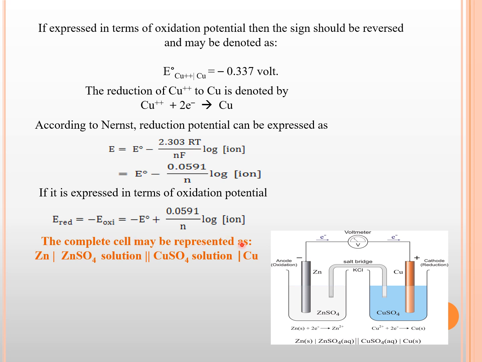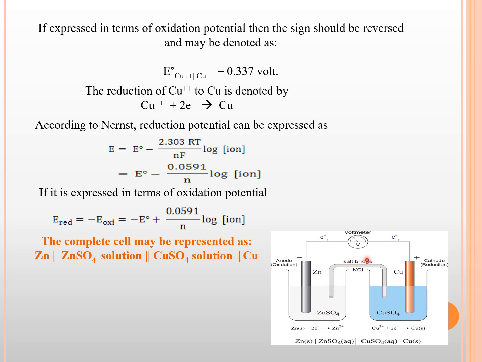The complete cell may be represented as zinc in contact with zinc sulfate solution. Here you can see a double line that represents the salt bridge, in contact with copper sulfate solution in contact with the copper electrode. So here we represent the electrochemical cell which we have discussed, and the formation and measurement of electrode potential. Here you can see at the anode the zinc electrode in contact with zinc sulfate solution.